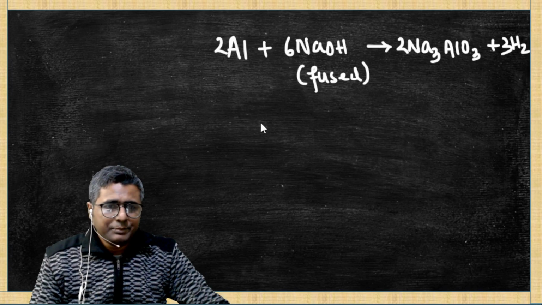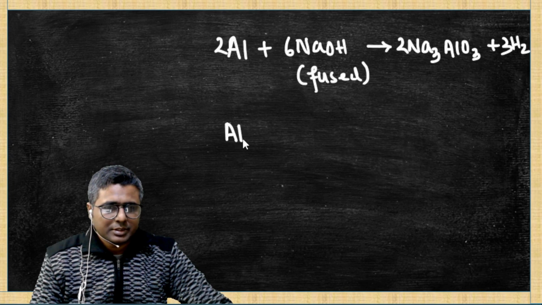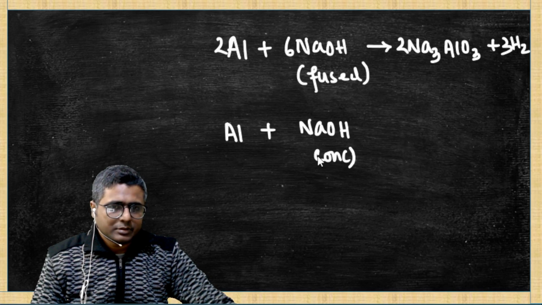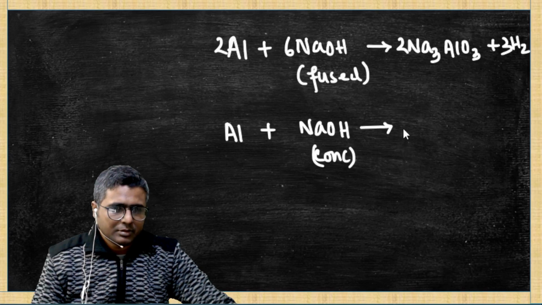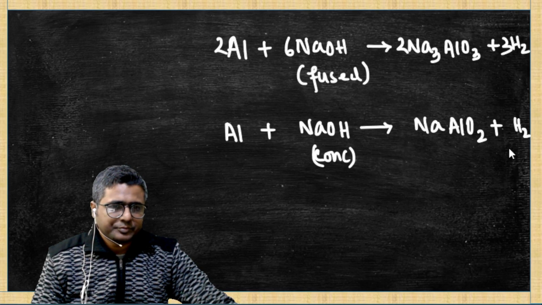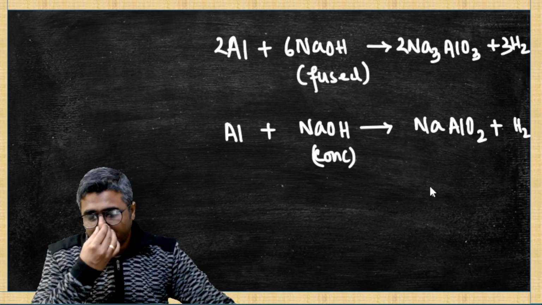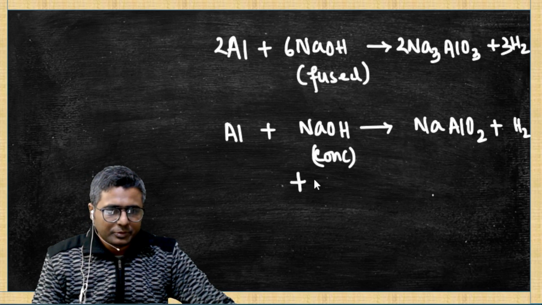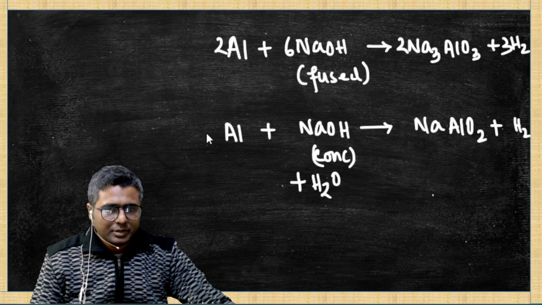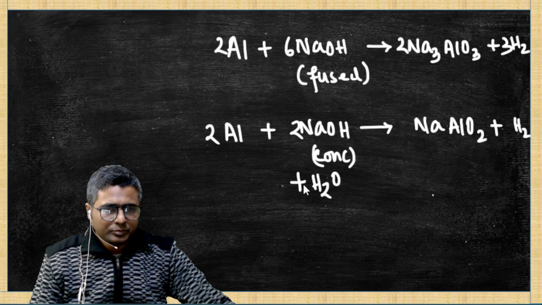However, the same aluminium when it reacts with concentrated NaOH gives you NaAlO2 plus hydrogen. Now you will not be able to balance this reaction if you don't put one water over here. Now you will be able to balance this reaction. 2, I think this will also be 2.